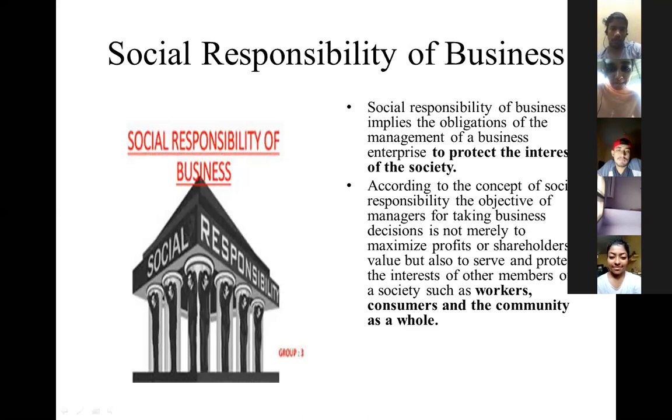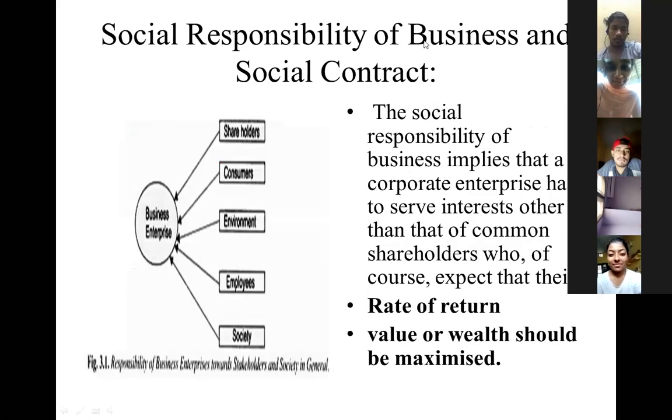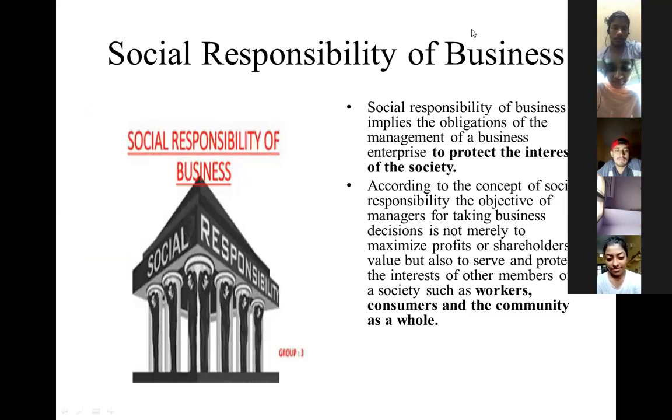See, today we are going to discuss social responsibility of business. Okay, so what does that mean? Social responsibility of business is nothing but this: the business is mainly doing operations, but its main purpose is to protect the interest of the society, which means it is the responsibility of the management to take care of the overall society.